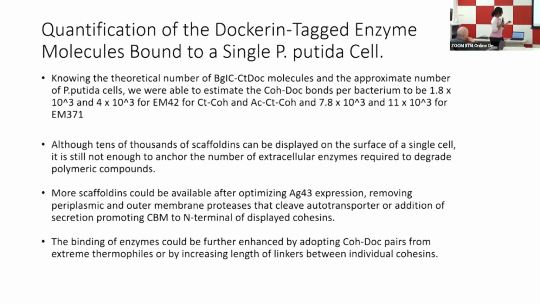Optimizing it will increase the number of scaffoldings, as well as removing periplasmic and outer membrane proteases that can cleave the AG43 pathway, or we could even add a secretion promoting sequence from the N-terminal displayed cohesion. And this binding of enzymes could be further enhanced by adopting a cohesin doctrine pair from extreme thermophiles.